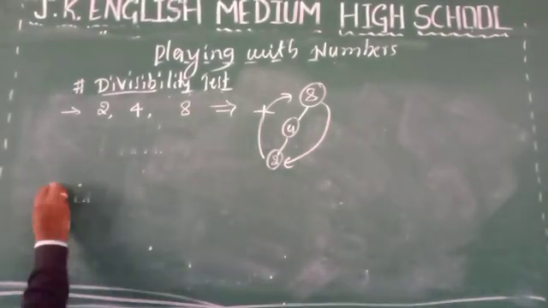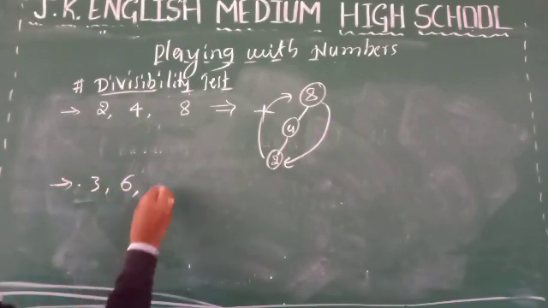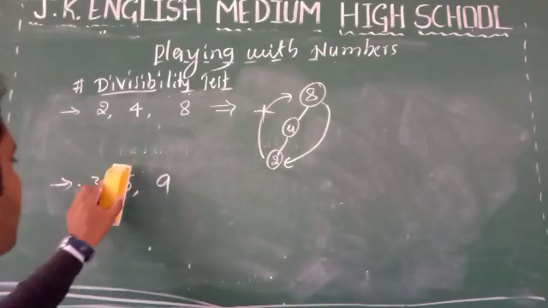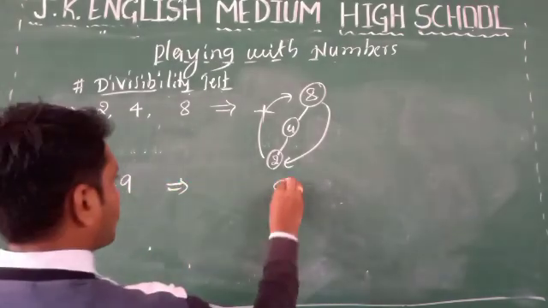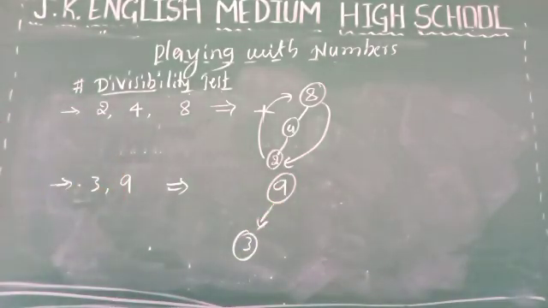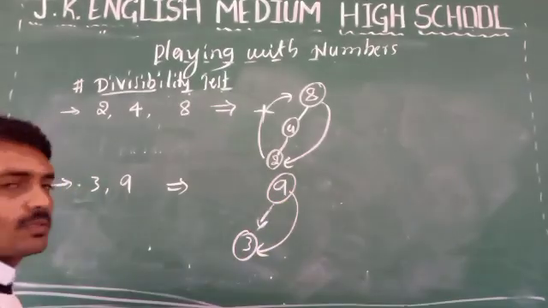Next condition. Condition number 2, 3, 6, 9. Otherwise, leave 6, only 3 and 9. First one is what will come? 9 will come. Next, 3 will come. The number which is divisible by 9, that is automatically divisible by what? 3.